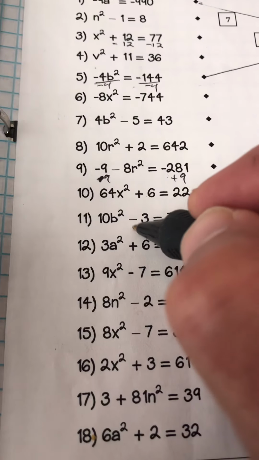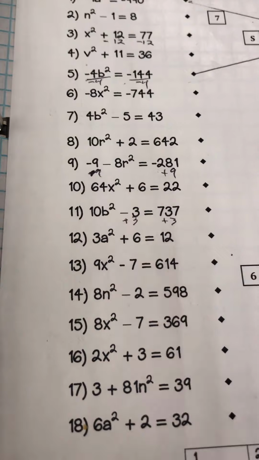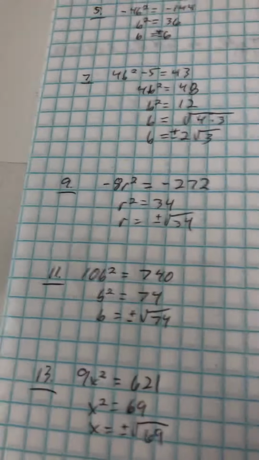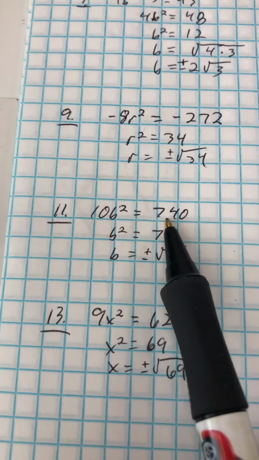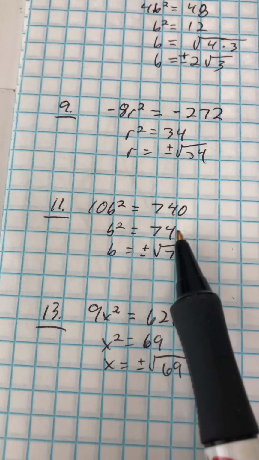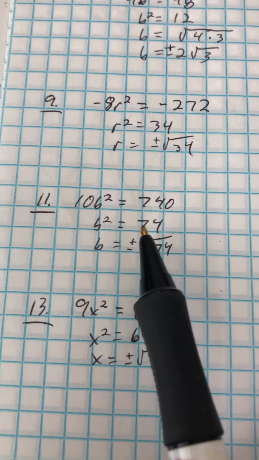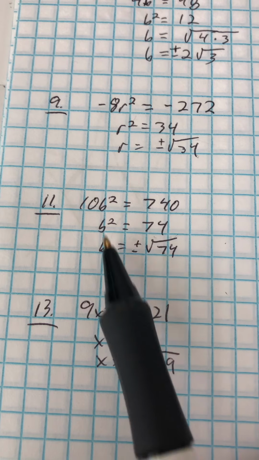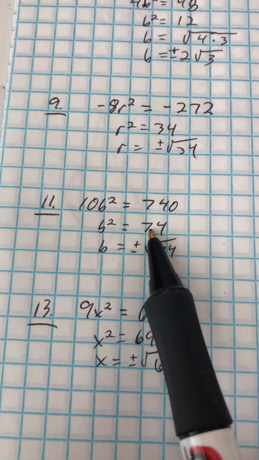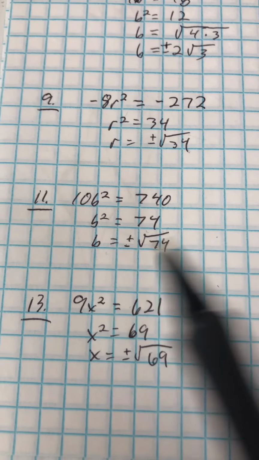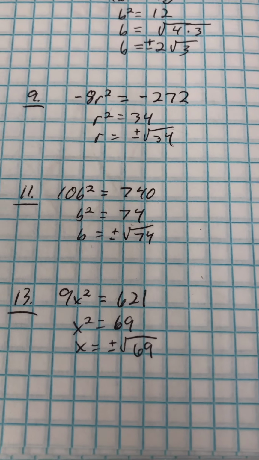For number 11, notice that I already added 3 to both sides, so that becomes 740. So I have 10b squared equals 740. Divide both sides by 10, I get 74. The square root of b squared is b. The square root of 74 is just the square root of 74, or plus or minus the square root of 74.